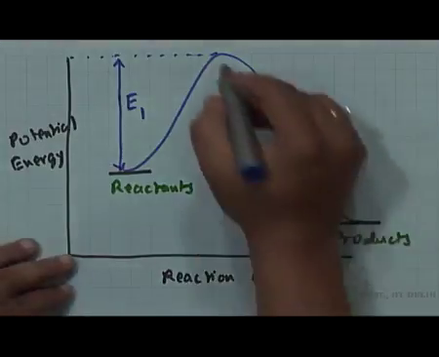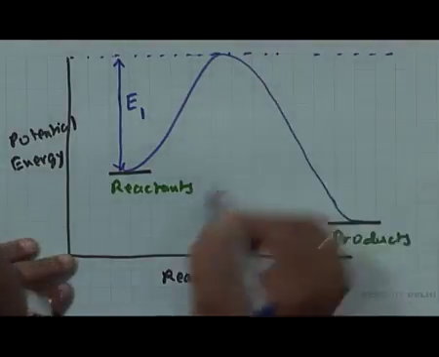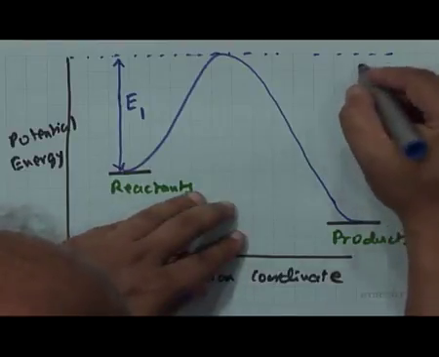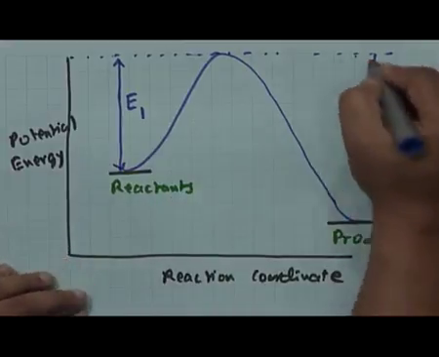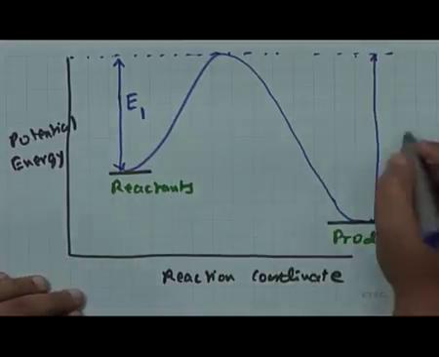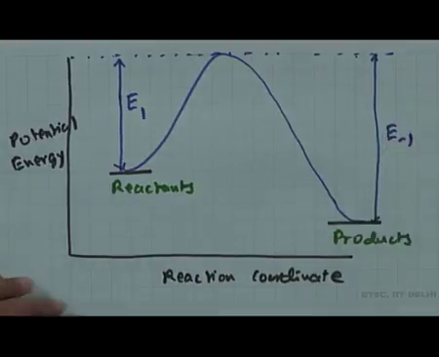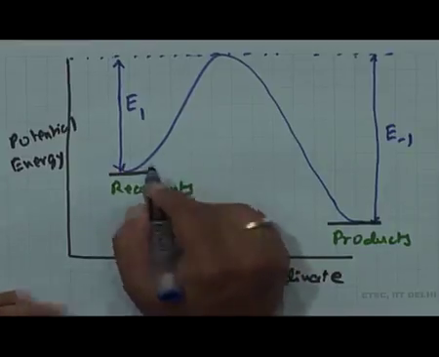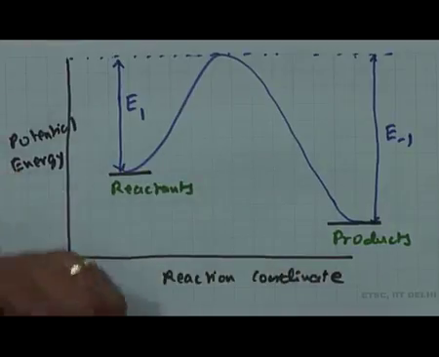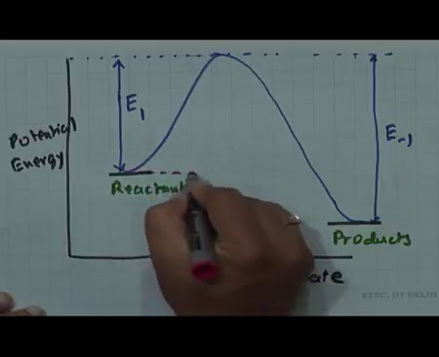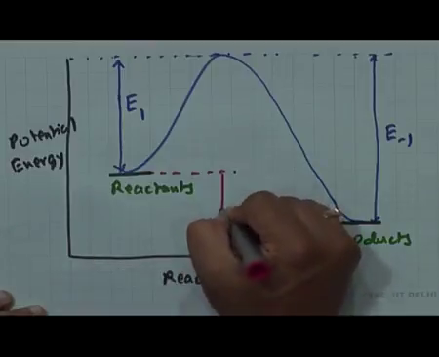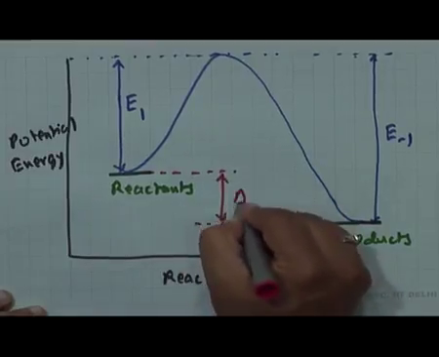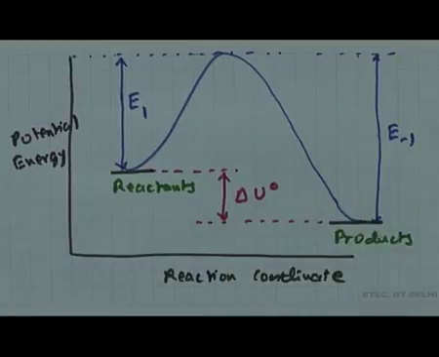Then if I extend this line on the other side, from here to here, this is E minus 1. Then the difference between the reactants and the products is your delta U naught.